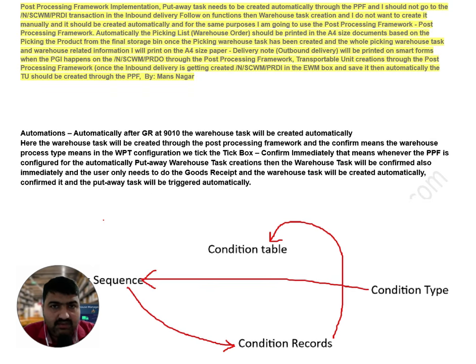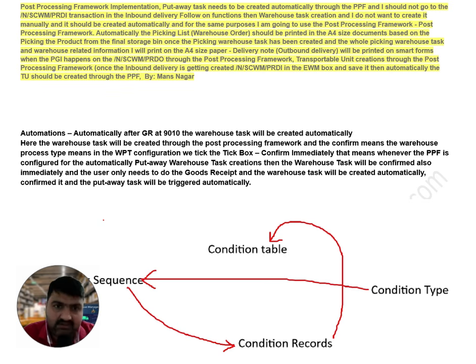It's a time-saving process. So if multiple warehouse tasks are there, they would be created automatically, and for the same purpose I am going to use the post processing framework.